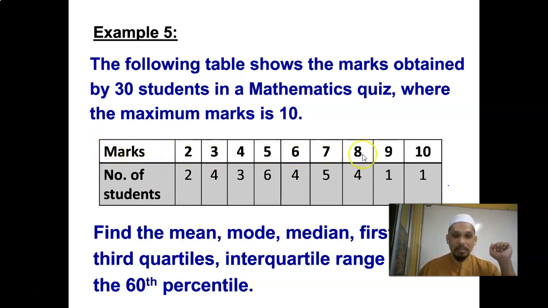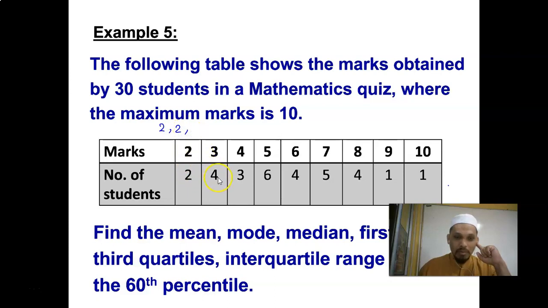Okay, the marks and also the number of students, meaning there are 2 students getting 2 marks, 4 of them getting 3 marks. So if I write all this as raw data, ungrouped data, we come up with 2 and 2, because 2 students got 2 marks.